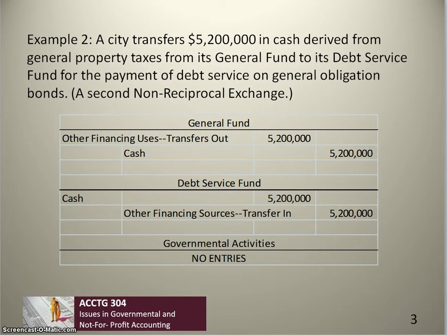The account other financing uses, transfers out, is an income statement account like an expenditure account. And we record the transfer in the debt service fund as a transfer in. The account other financing sources, transfers in, is, again, an income statement account like a revenue account.